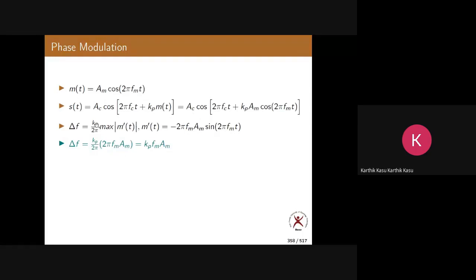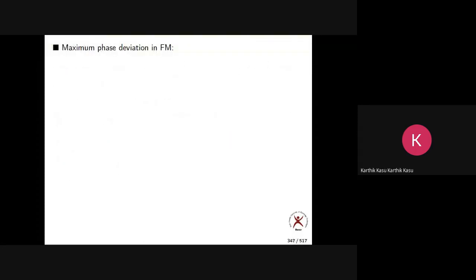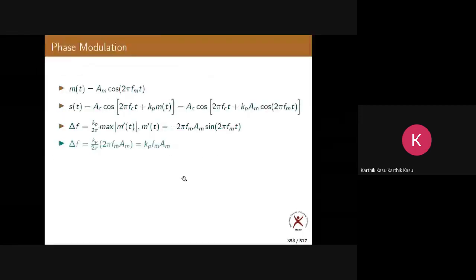So here kp by 2 pi was there already; if we substitute this here, 2 pi cancels out: kp fm Am. In case of phase modulation, kp fm Am. Here I have written it directly, but here I have done some calculations. You can check it later.